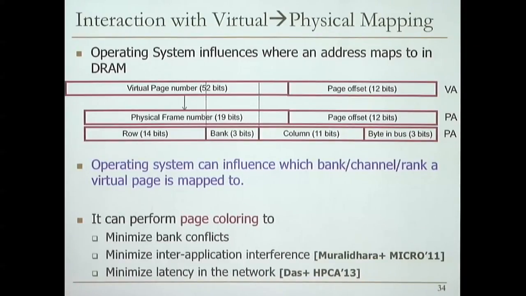You can say, for this process, I'm going to allocate addresses from channel 0, let's assume that your channel bits are coming from here. And for another process, I'm going to allocate pages that are coming from channel 1. Of course, the operating system has influence over this part of the address. If your channel bits are coming from here, well, you have no influence because this page offset remains unchanged during address translation.